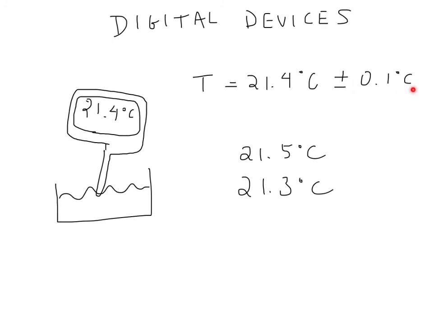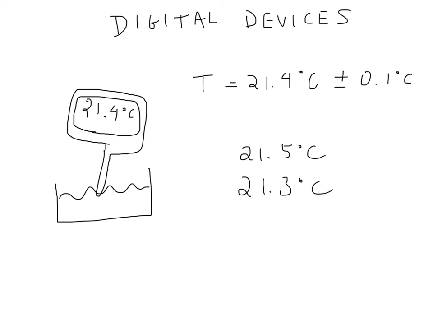So 0.1, plus or minus 0.1, covers us for all of the possible values that the actual temperature could be when we see this reading. And the general rule, if we want to extrapolate this out into a general rule, is whenever you have a digital device and you have some reading, the uncertainty is always 1 in the last place measured by your device.